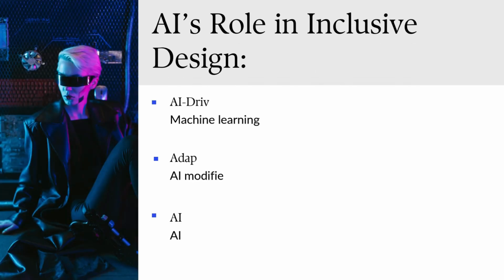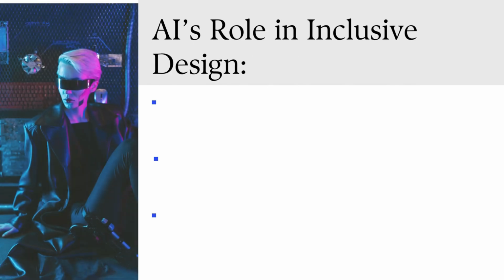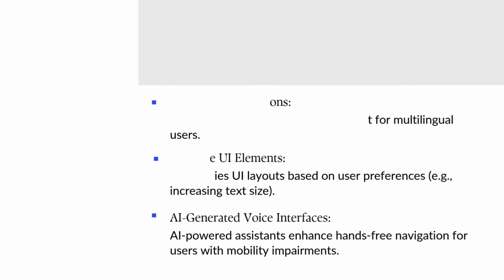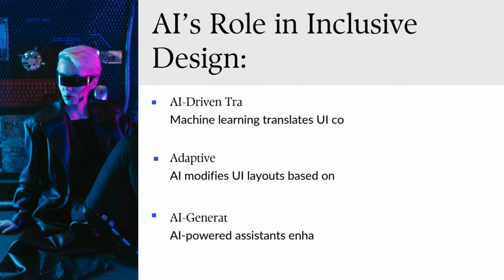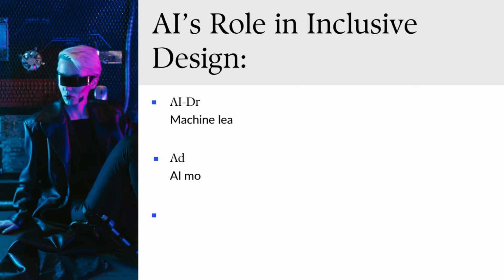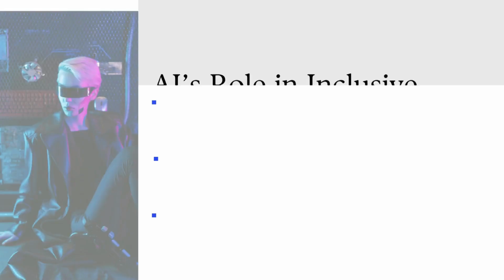Next on our list, we have what we call the adaptive UI elements. With these, AI modifies UI layout based on user preferences. For example, let's say increasing text size.